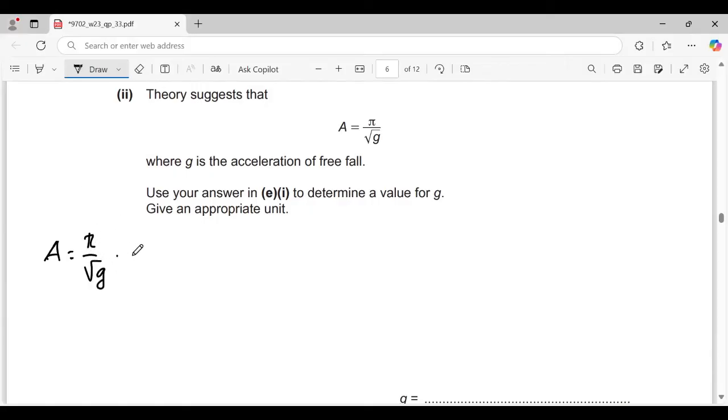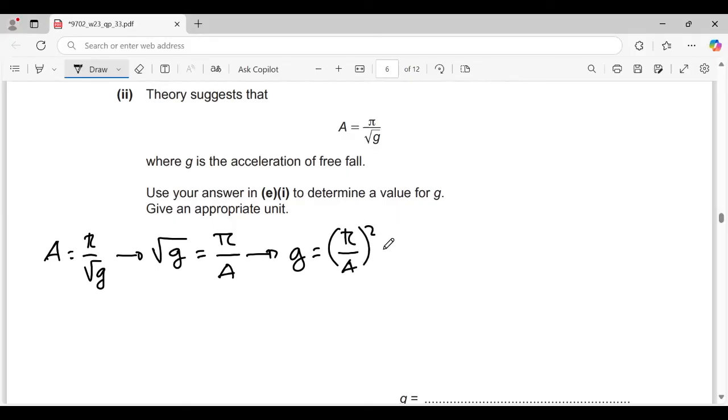If we are going to determine g, with g as the subject, we can rearrange this formula: square root g equals pi over A, or g equals pi over A, squared.